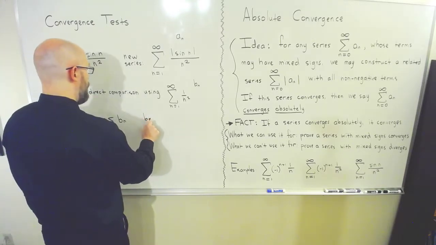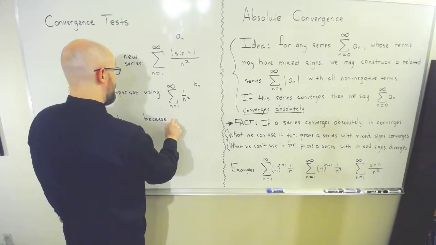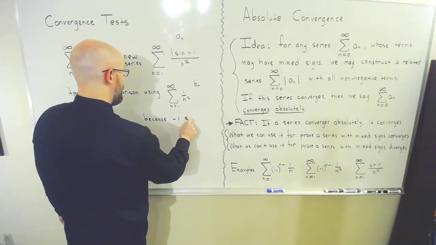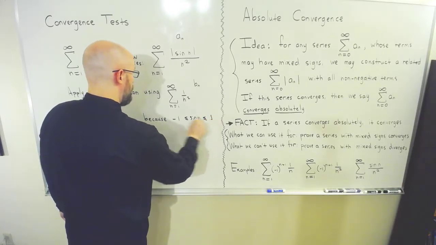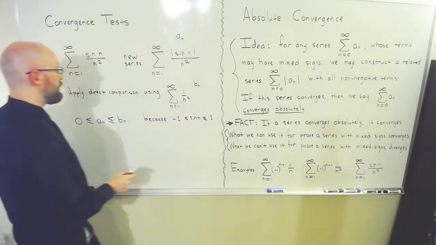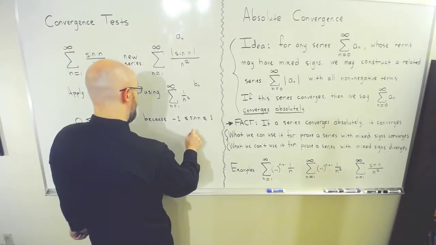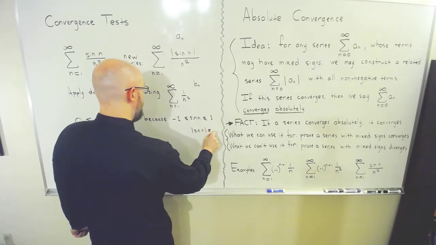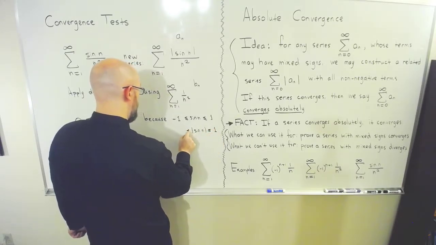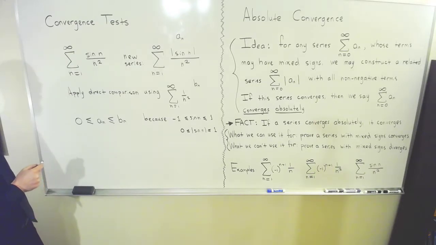This is true because the sine is going to be between plus and minus 1. So that's telling me the absolute value of sine n will be between 0 and 1.